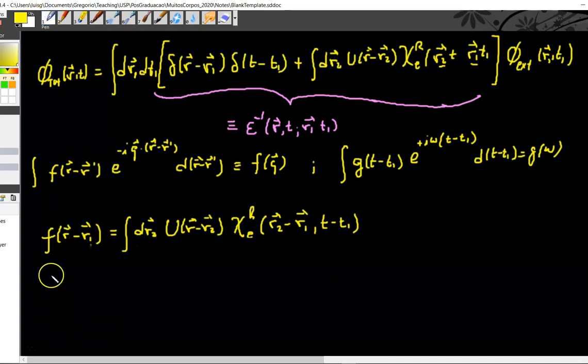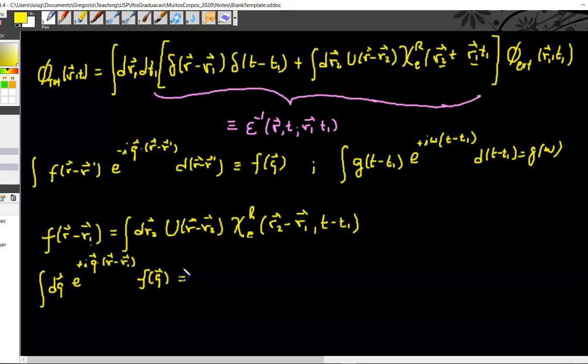This would be an integral in dq of e to the plus iq(r minus r1) of f(q), integrated. So this would be the inverse transformation of this guy. So let's see how we can do that.